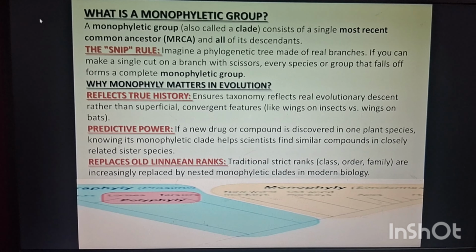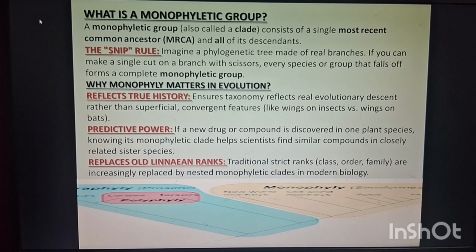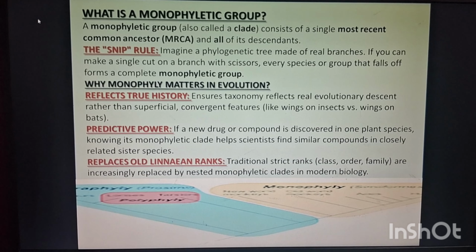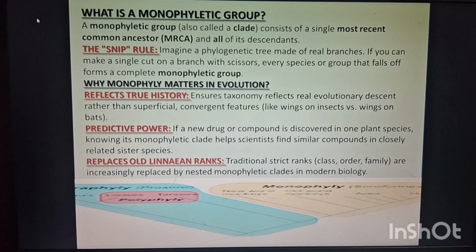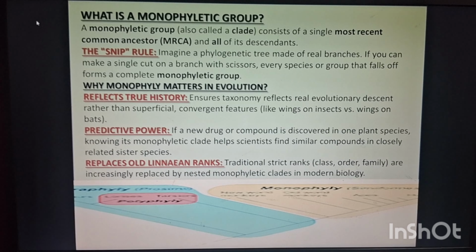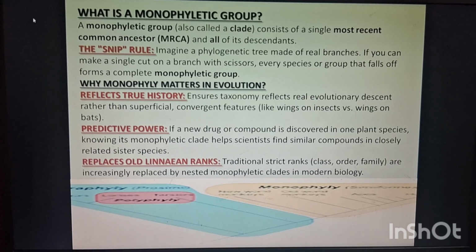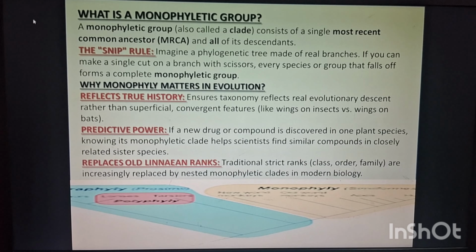Next, why does monophyly matter in evolution? First cause is that it reflects true history. Modern taxonomy reflects real evolutionary descent rather than superficial convergent features, like wings of insects versus wings on bats. Next cause is predictive power.